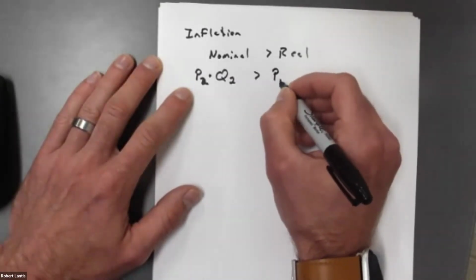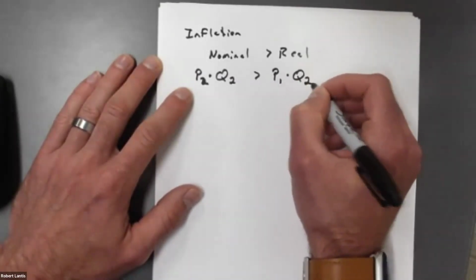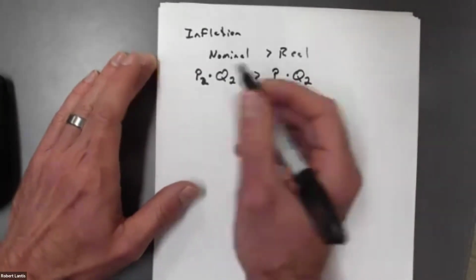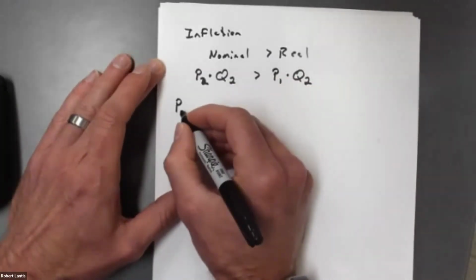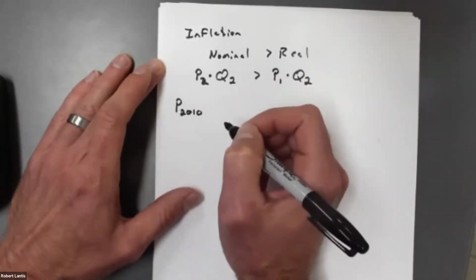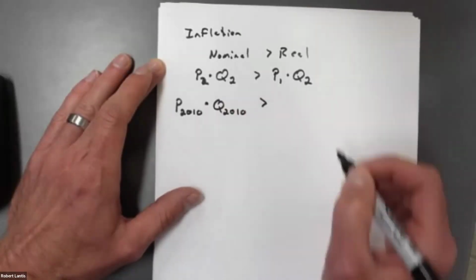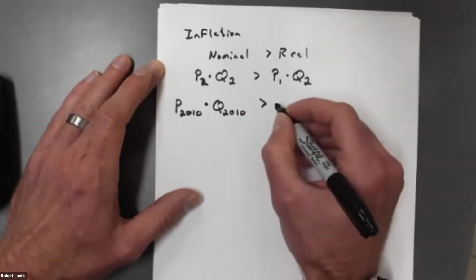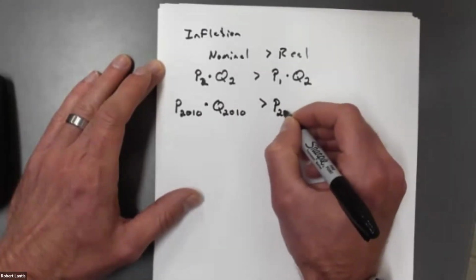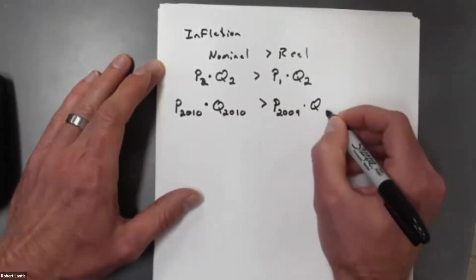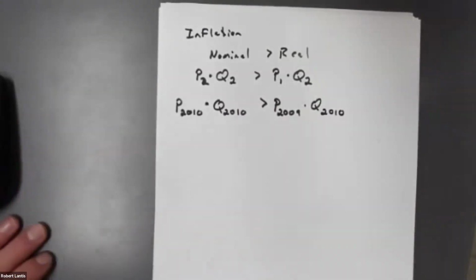Real GDP is the old time period's prices times the current quantity. If I put years to this, in 2010, my nominal GDP is the price and quantity in that year. The real GDP is the price in the previous year times the quantity in my current year. I'm using the base year prices.